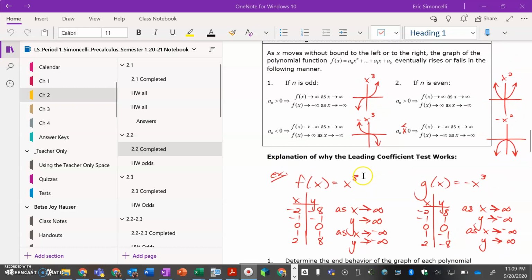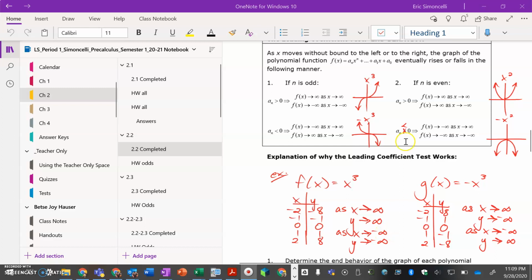I just actually used x to the third here and negative x to the third there, and just really looked at the xy table and just noticed that, as you can see, x getting bigger, y gets bigger, and as x gets smaller, y gets smaller. So as x goes to positive infinity, y goes to positive, and as x goes to negative, y goes to negative.